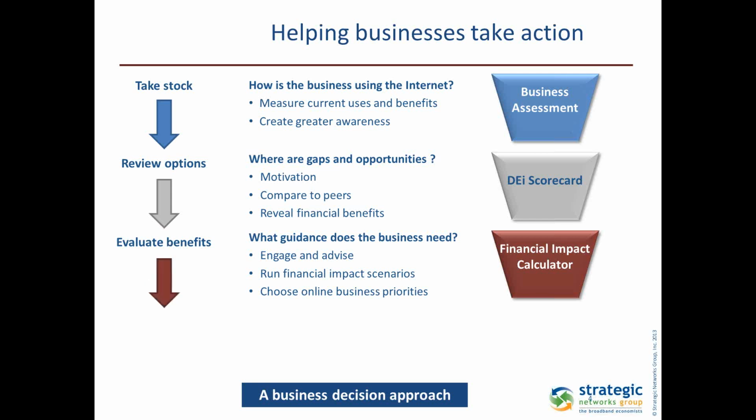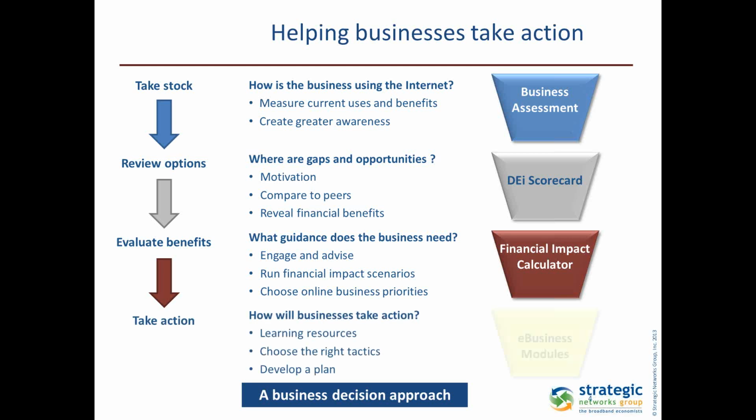But really, you've got to make a decision first that there are things I can do, there are things I should do, there are reasons I should do them, that they're financially beneficial for my business, and then you've got to translate that into taking action. So that's just in a nutshell what the program is about, and the Digital Economy Portal is an online portal to facilitate a number of these things in terms of accessing information, in terms of using or accessing the tools, and so on.